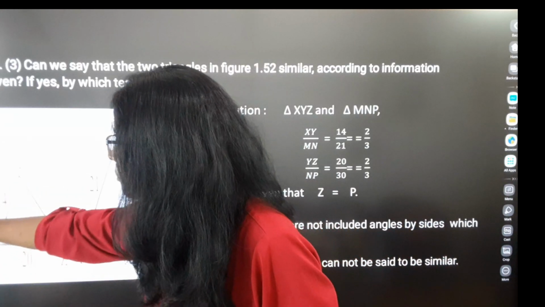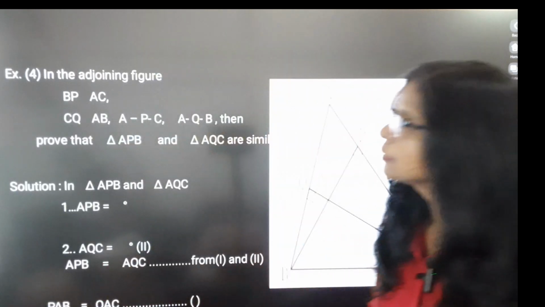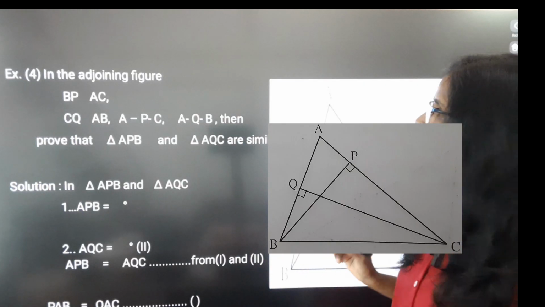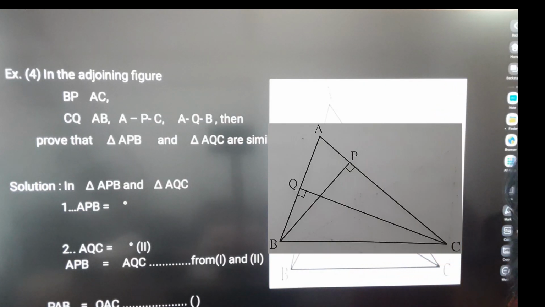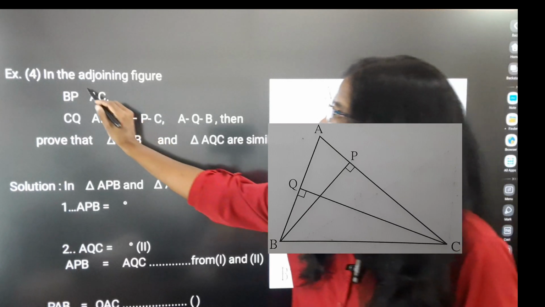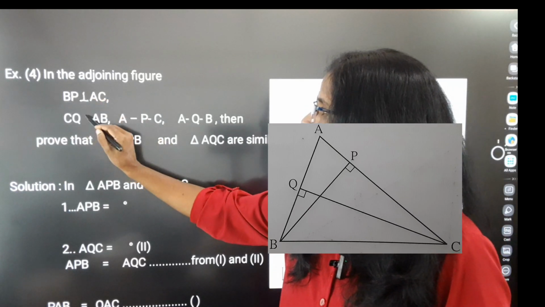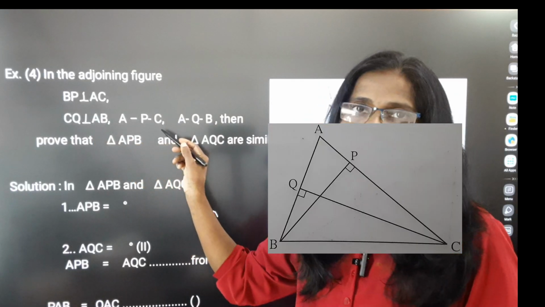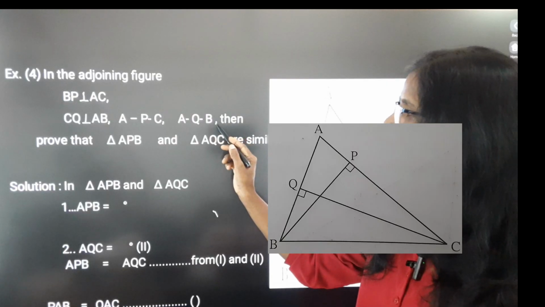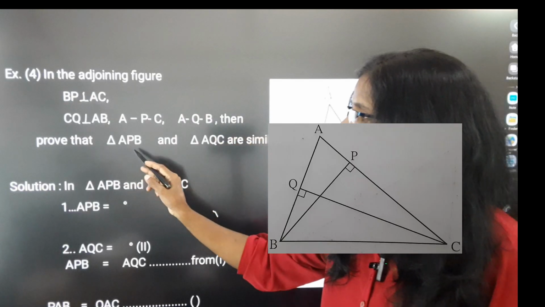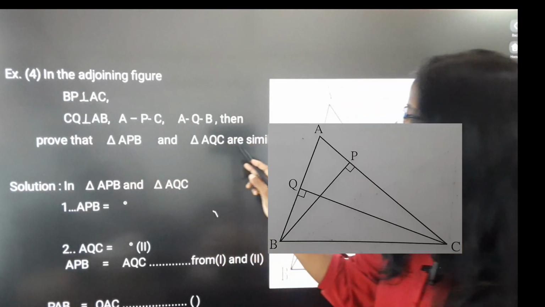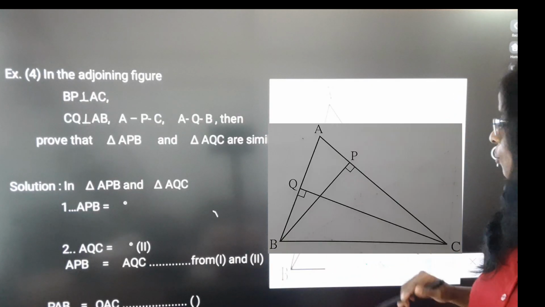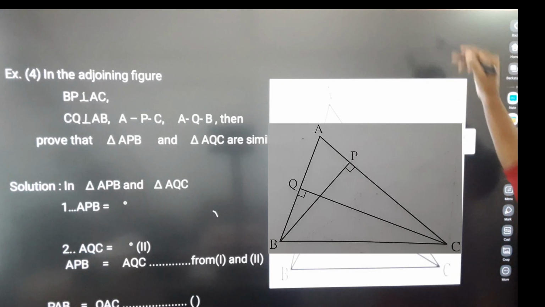Next, the fourth example. In the adjoining figure, BP is perpendicular to AC, CQ is perpendicular to AB, APC are collinear and AQB are collinear. Prove that triangle APB and triangle AQC are similar. Let us see the figure.